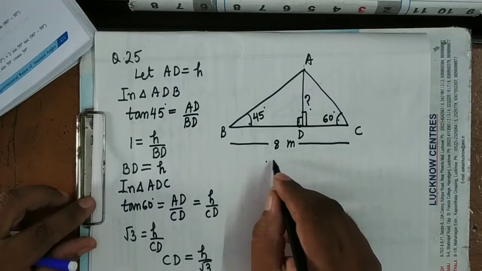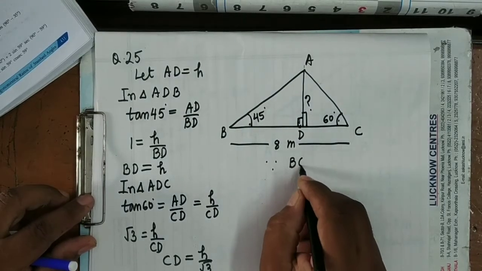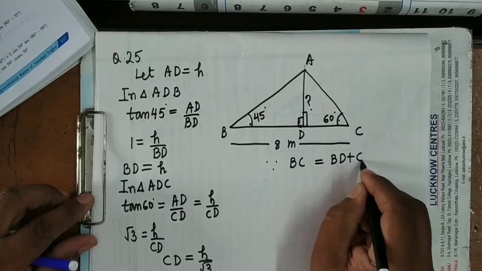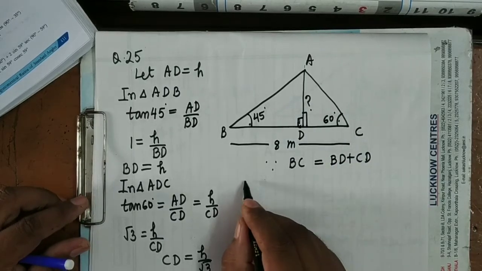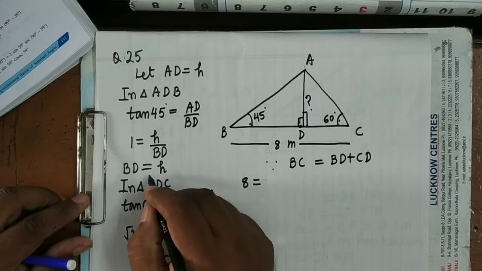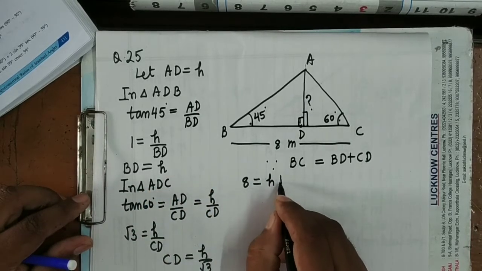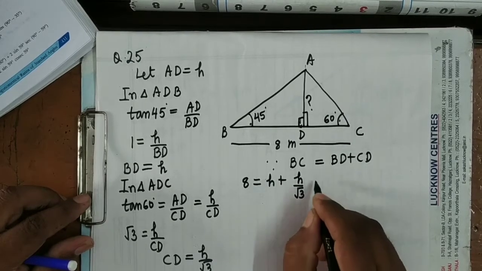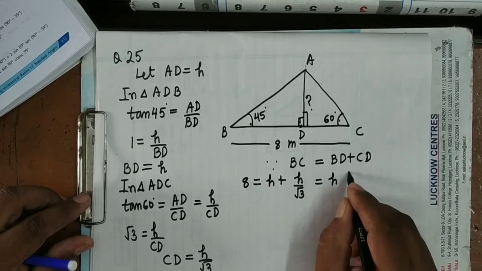Now since BC equals BD plus CD, you substitute the value. 8 equals H plus H upon root 3. You can take H common.